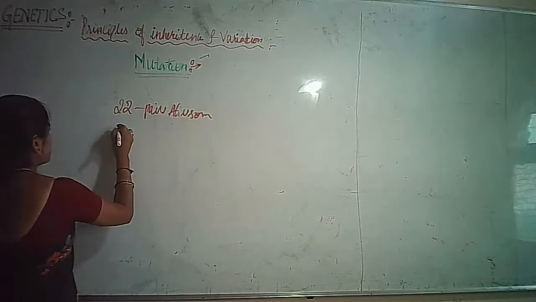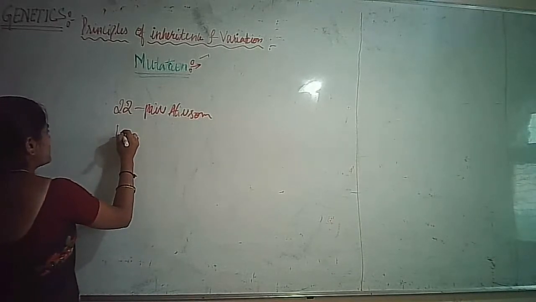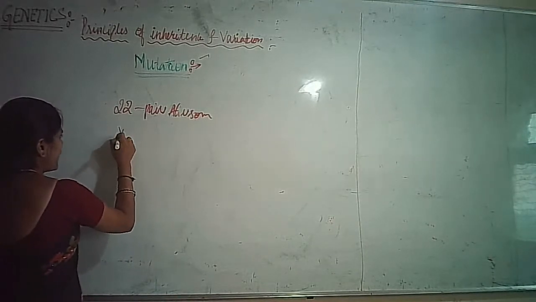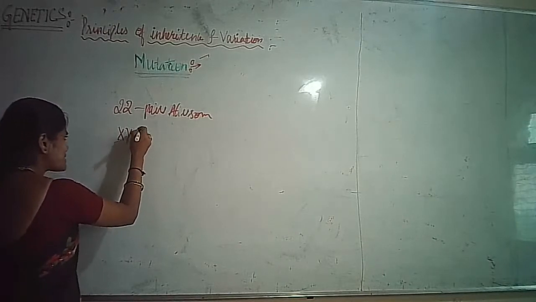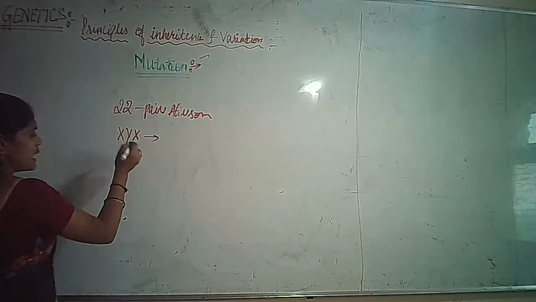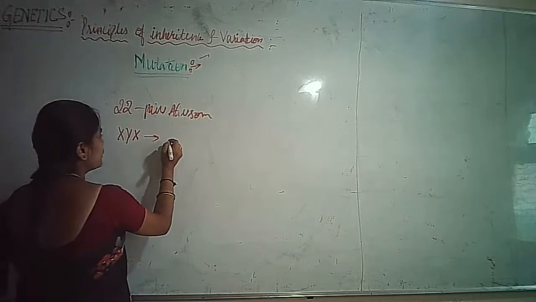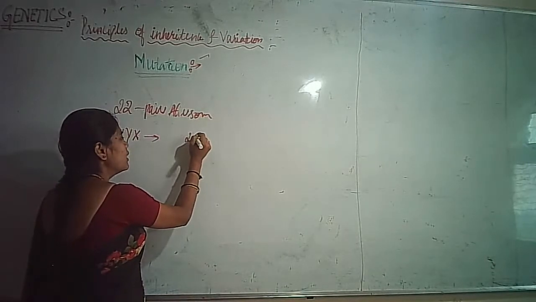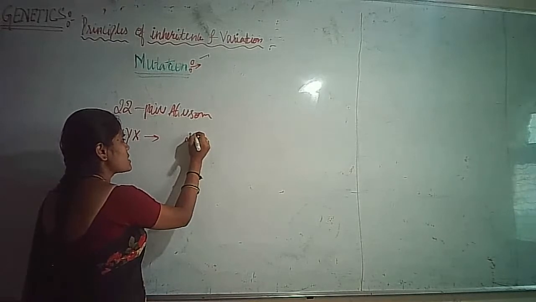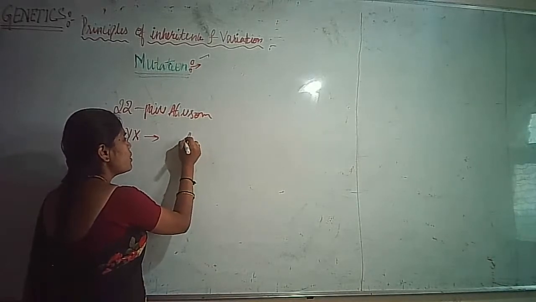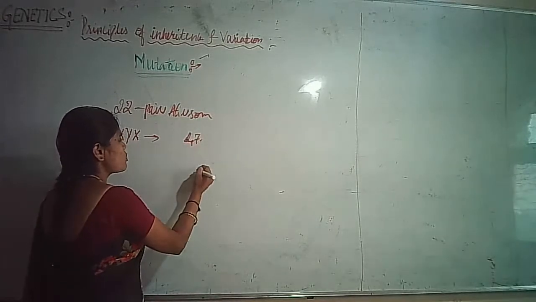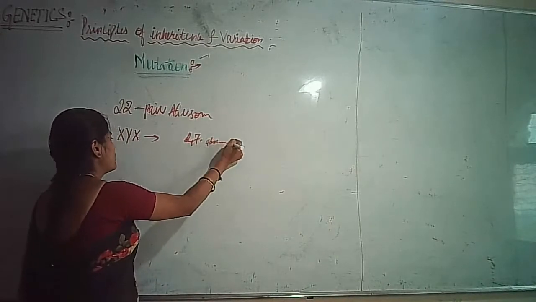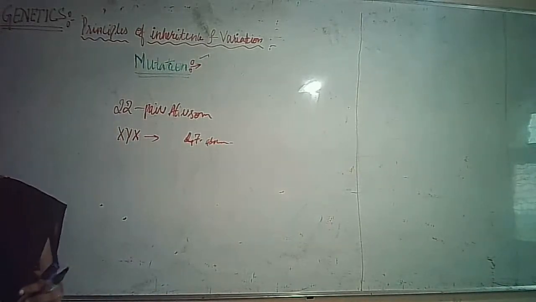Then in the one pair, instead of XY, one more X is present. Then what happens? Due to addition, again there is a change. Instead of 46 chromosomes, what happens? There are 47 chromosomes. Again it is an abnormal chromosomal disorder in the study.